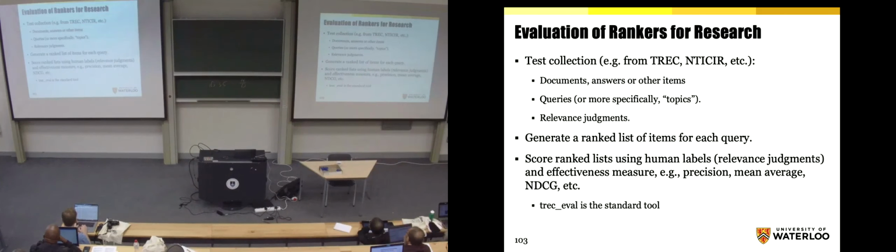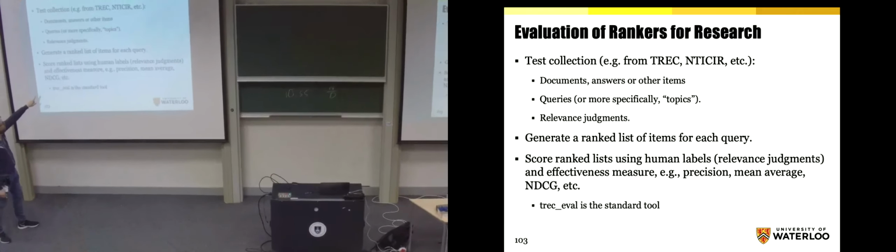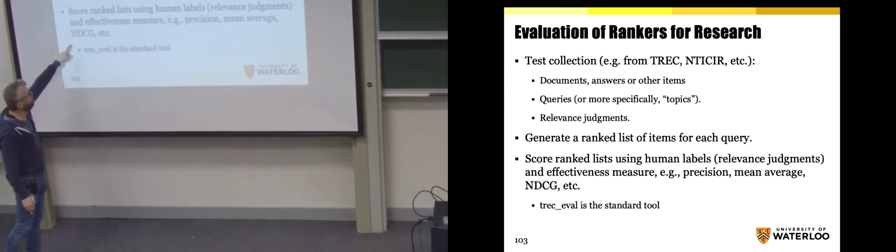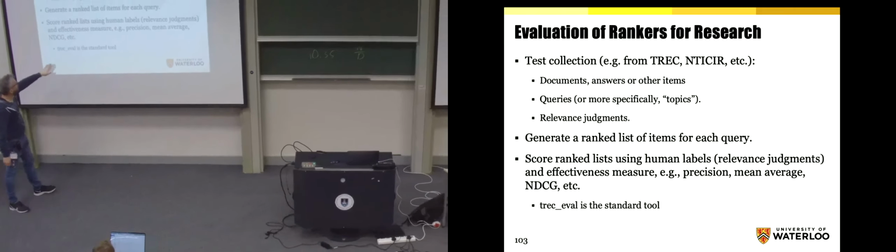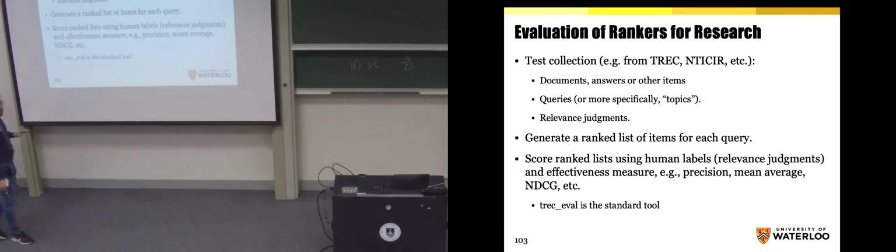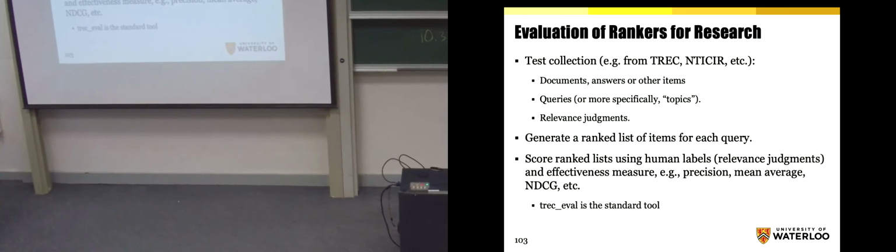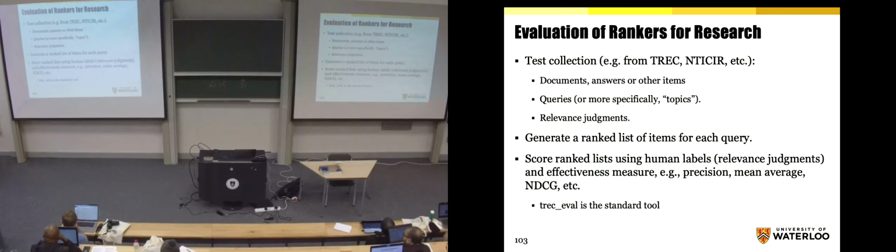Then you have these human labels, and you use them to generate a score. There's a whole bunch of these scores. We're going to see one called NDCG, and there's a tool for doing it called Retrieval. We want pretty much everyone using the same tool, so that if I report numbers and you report numbers, we know the numbers mean the same thing and that you're better than me.